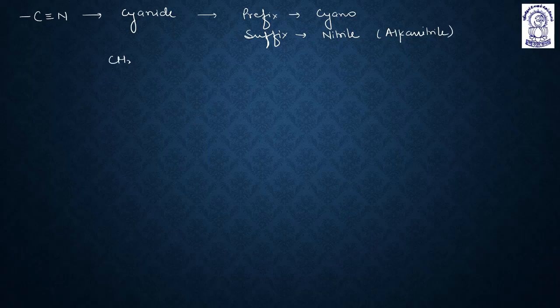For example, CH3, CH2, CN. Then 3 carbon, 1, 2, 3, prop plus ane, E will be omitted, nitrile, propanonitrile. Understood? The suffix is used as nitrile.